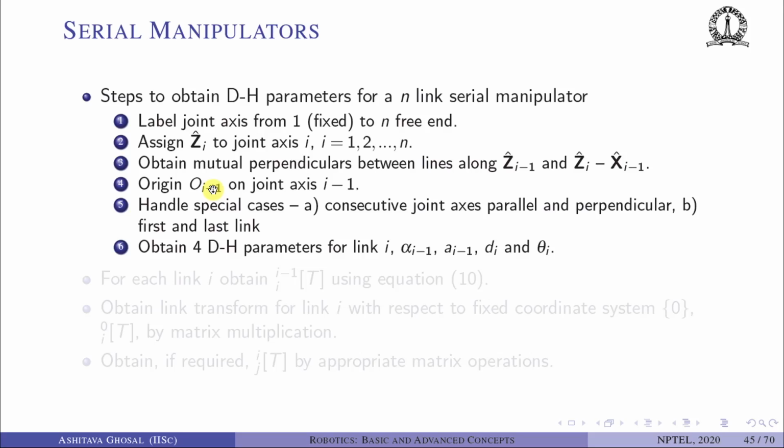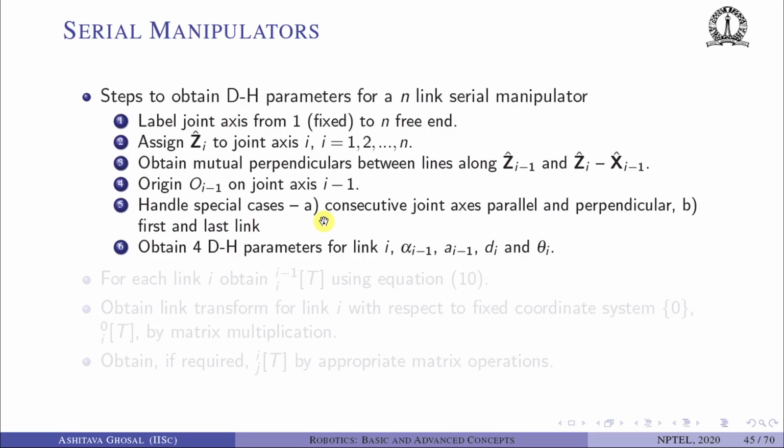Then I showed you that we can handle special cases, which are two consecutive joint axes being parallel or intersecting, or perpendicular. So all these special cases we can handle. And finally, what happens when we have the first and last link?